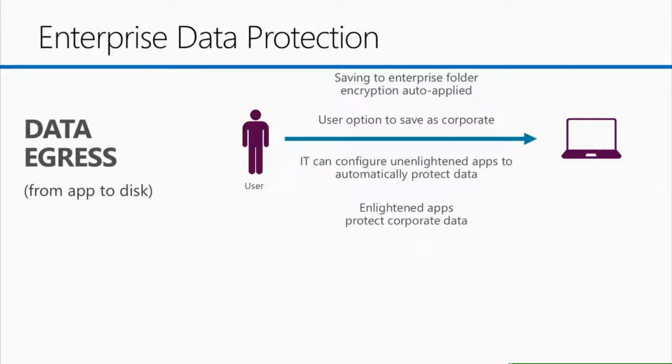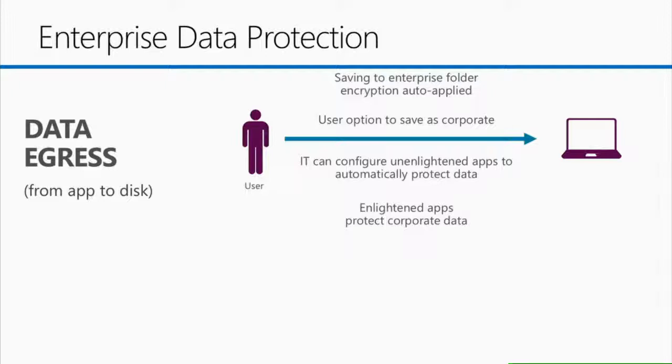So work folders is a feature that we have shipped, and what that does is it allows you to basically specify a particular folder as an enterprise folder. And work folders is actually using the APIs that we have as part of the Enterprise Data Protection SDK, and that ensures if you drop a new file in that folder, protection is automatically applied. The user doesn't have to think about it. It's all enterprise.